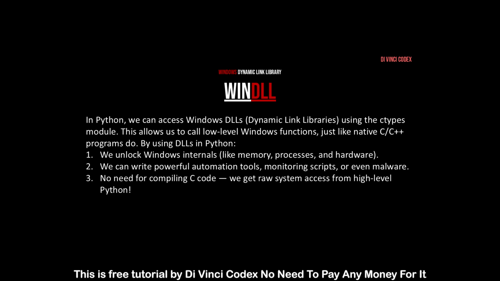This allows us to call low-level Windows functions just like native C or C++ programs. By using DLLs in Python, we can unlock Windows internals. We can write powerful automation tools. We can develop monitoring scripts or even malware and gain raw system access from high-level Python without needing to compile C code.